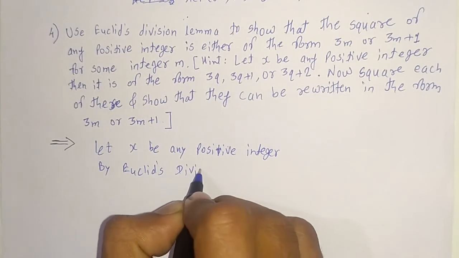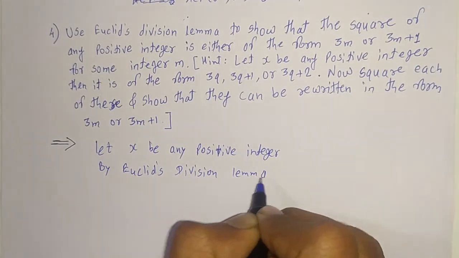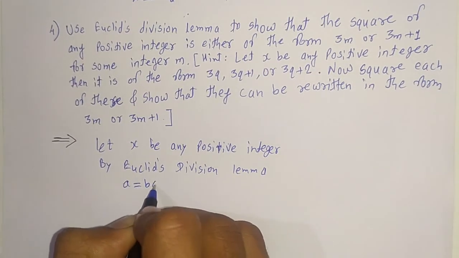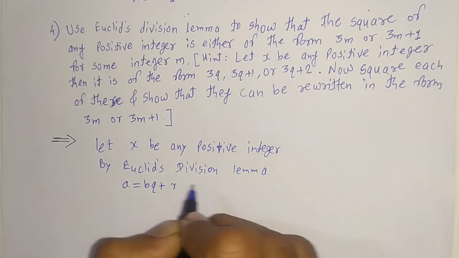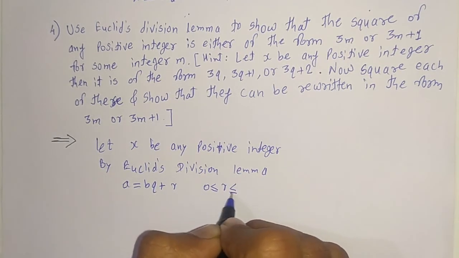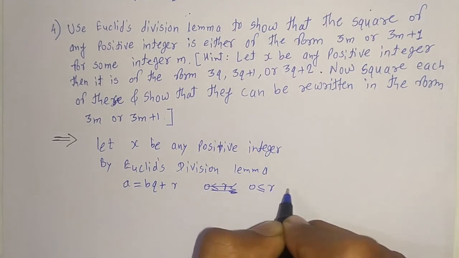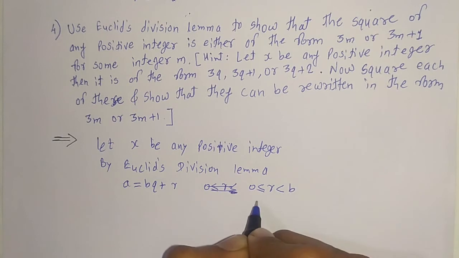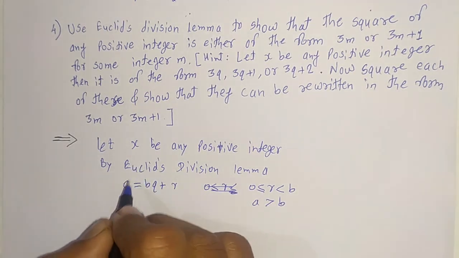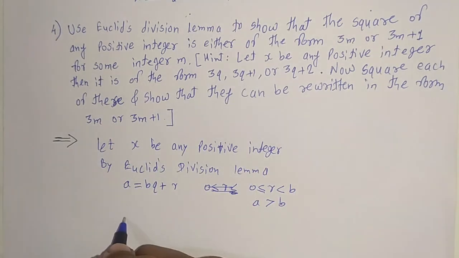Euclid's division lemma: a equal to bq plus r, 0 less than or equal to r less than b, and a should be greater than b. So what will be the value of a? It will be x. We have assumed that x is any positive integer.